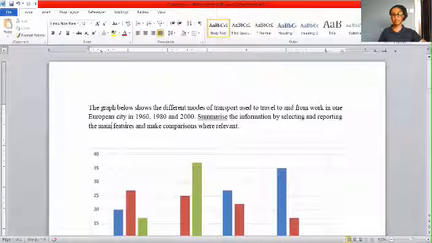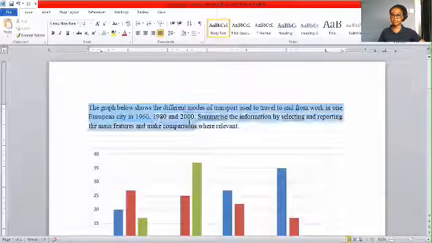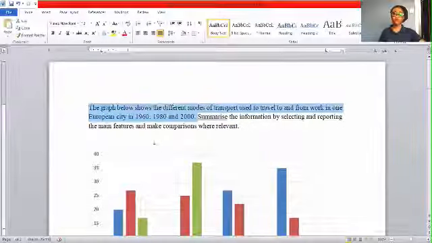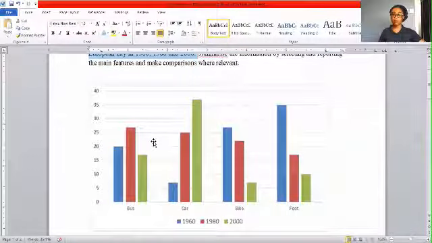So the question, as you can see, is: the graph below shows the different modes of transport used to travel to and from work in one European city in 1960, 1980, and 2000. This highlighted portion of the question is the description you have of this particular diagram that focuses on modes of transportation used in one European city in 1960, 1980, and 2000.